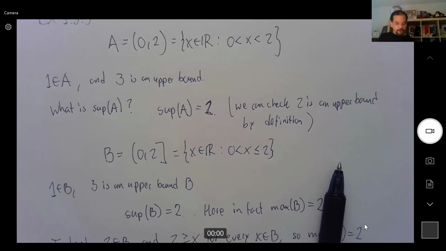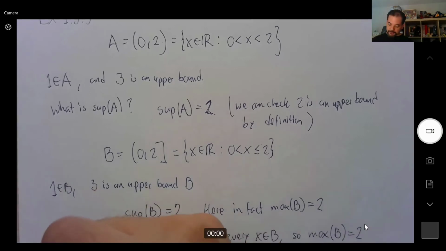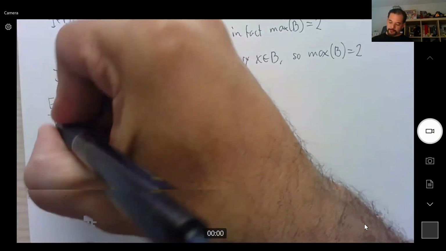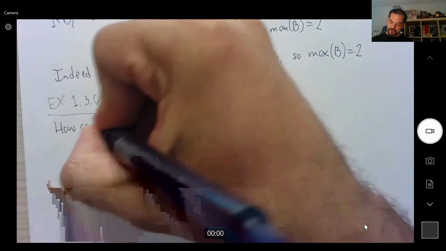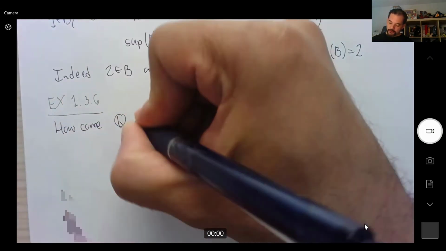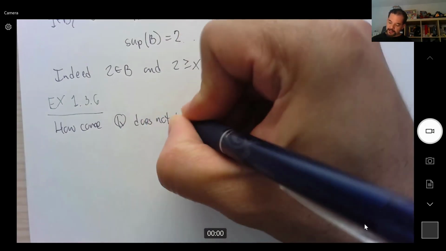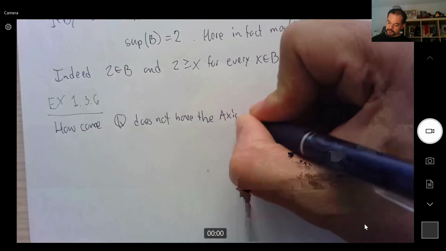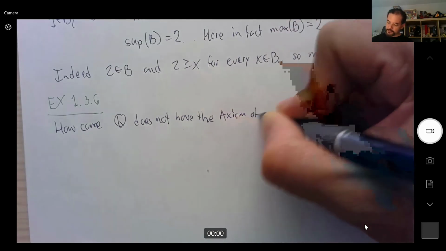All right, so the last thing we're going to do today, and this is example 1.3.6, is: how come this property does not hold for the rational numbers? How come Q does not satisfy the axiom of completeness?